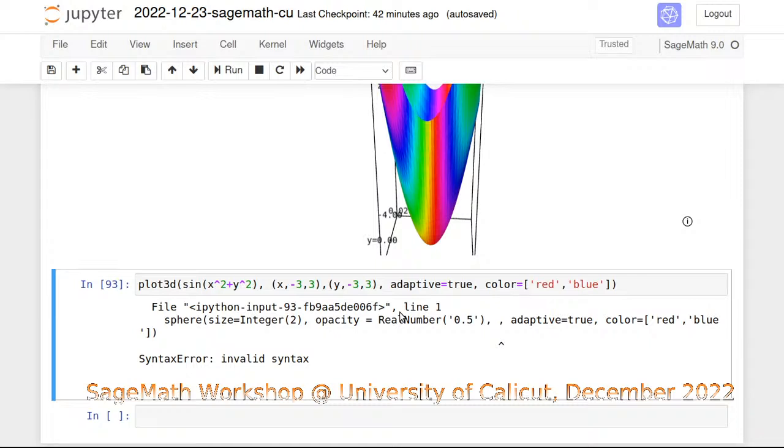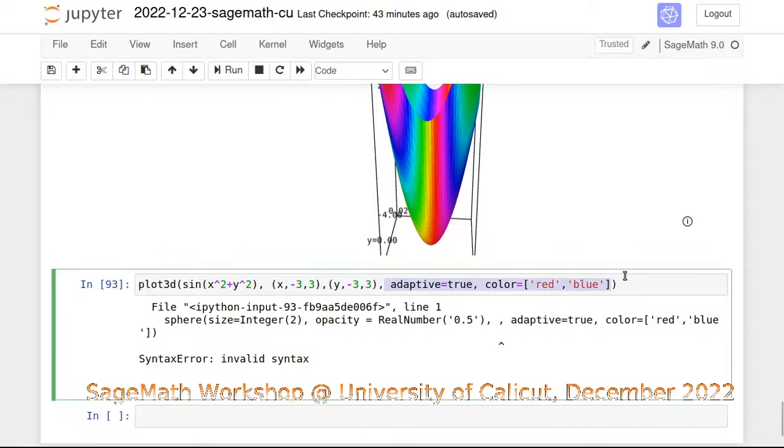So we can define cone also like this, but cone we have to import. See, certain things come automatically imported, but certain things we have to import extra. So there are certain shapes available in plot 3D. We can just try to see what shapes are available. Sage plot, plot 3D. From that, let us try to import certain things. So this is not working.